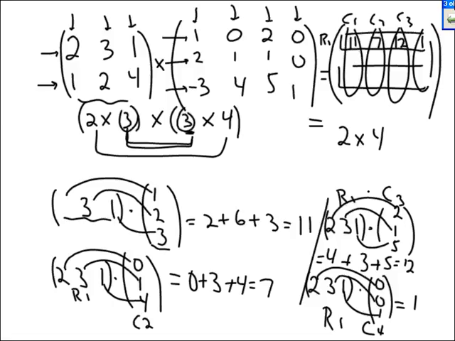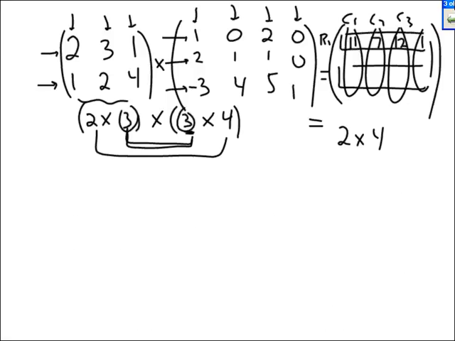Now, I can't dot row 1 with column 5. The reason is the second matrix doesn't have a column 5. There is no fifth column. So I am done with row 1. Now I go on to row 2.